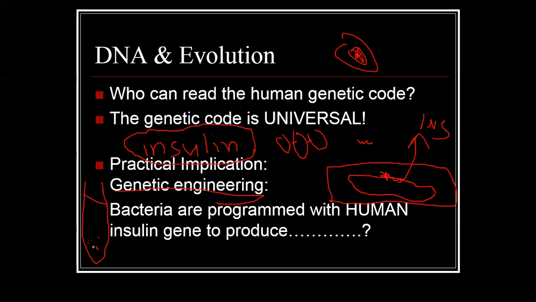Yes, modern medical practice depends a lot on evolutionary theory and natural selection. I could probably say more about that, but I won't right now. So again, the moral of this story is the practical implications. Bacteria are programmed with the human insulin gene to produce human insulin.